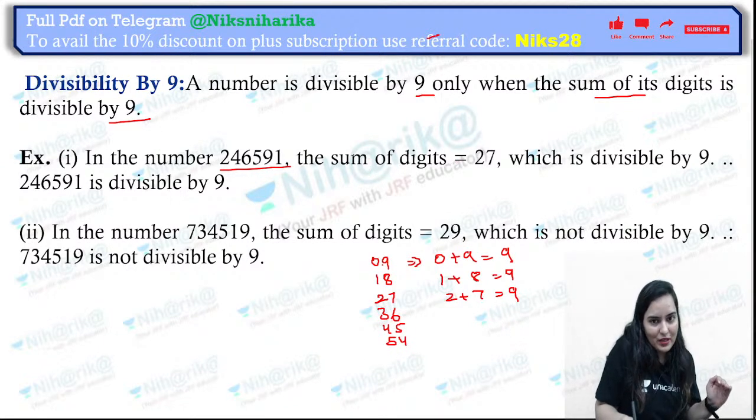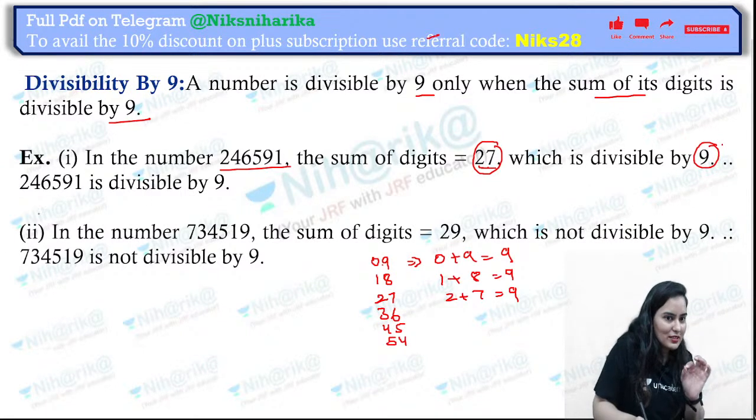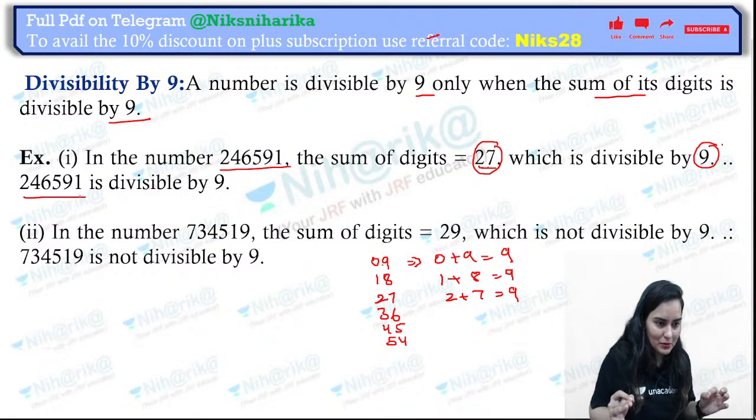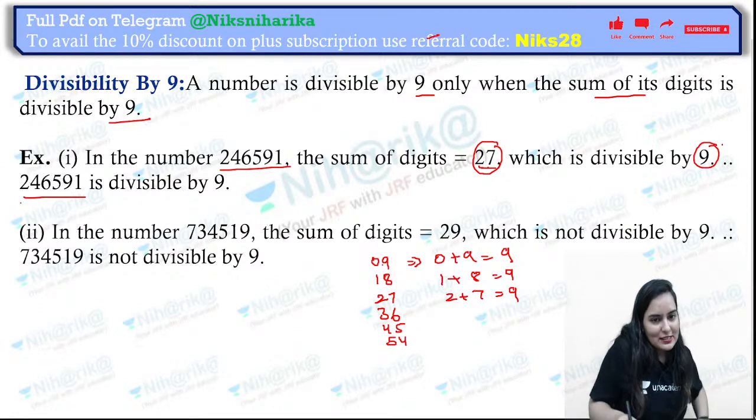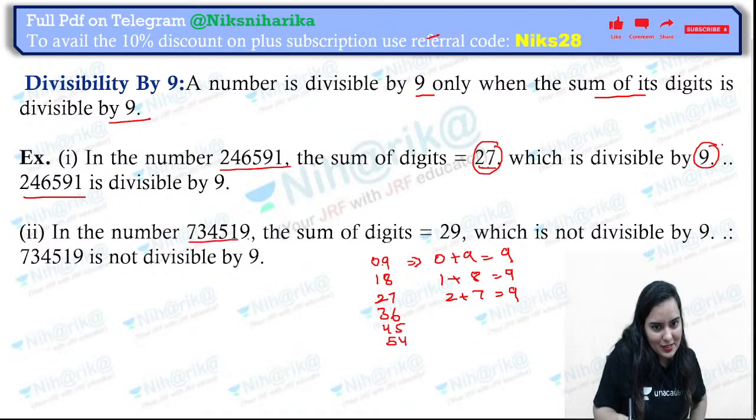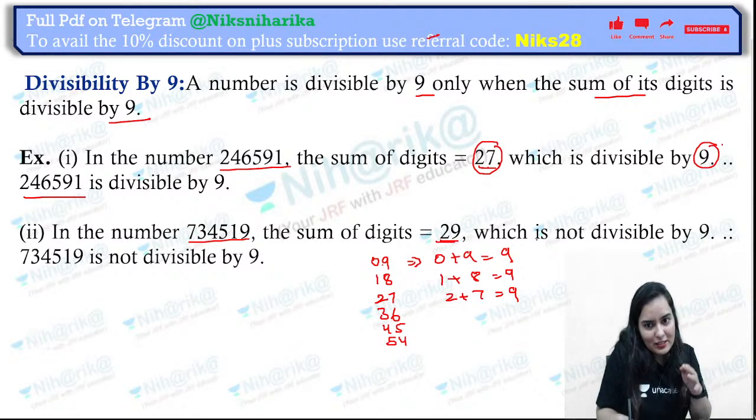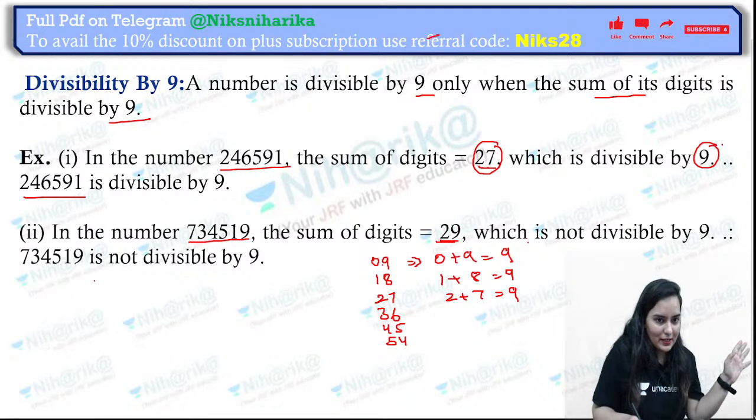If the sum is again a big number, do the sum again, and if it comes to 9, then the number is definitely divisible by 9. Suppose you take this number, the sum of its digits is 29, then it is not divisible by 9.